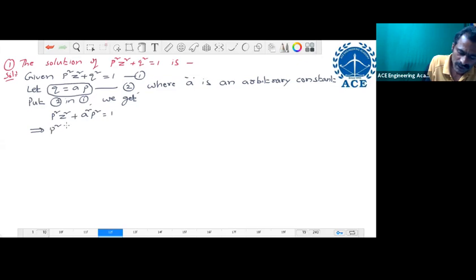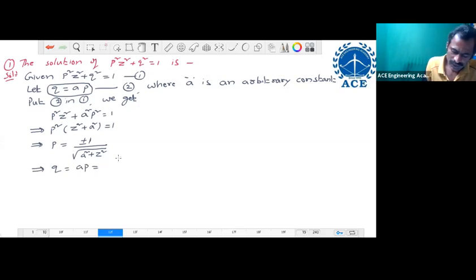From each and every term, p square is common. p square into z square plus a square equal to 1, which implies p equal to plus or minus 1 divided by under root of a square plus z square, which implies q equal to ap, plus or minus a divided by under root of a square plus z square.